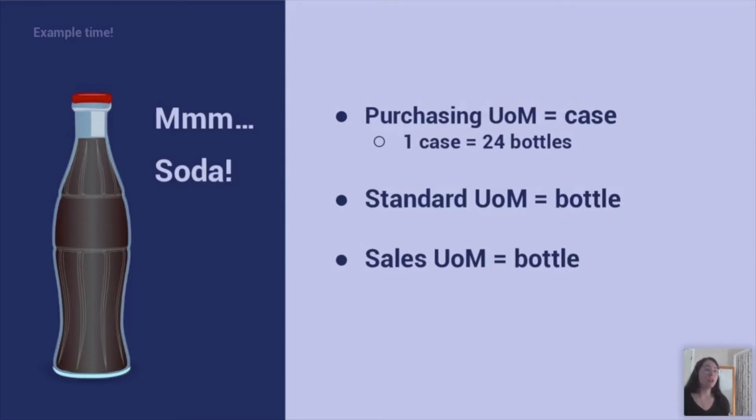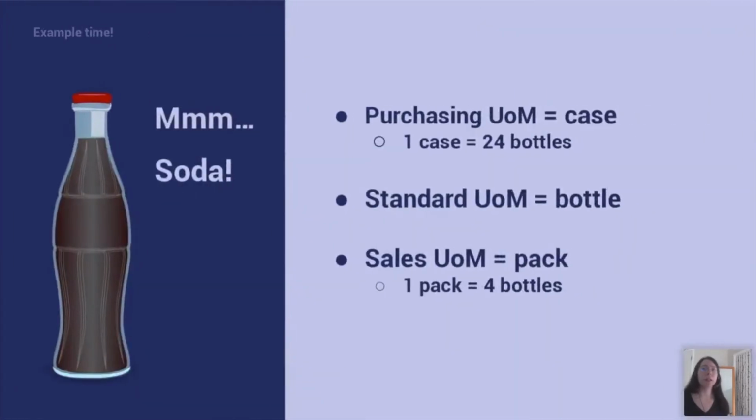But I'm interested in knowing how many individual bottles I have in stock at all times. So my standard unit of measure is bottle. And then finally, my sales unit of measure is also bottle. So in this case, I also sell to my customers individual bottles. So my sales and standard unit of measure are the same in this example.